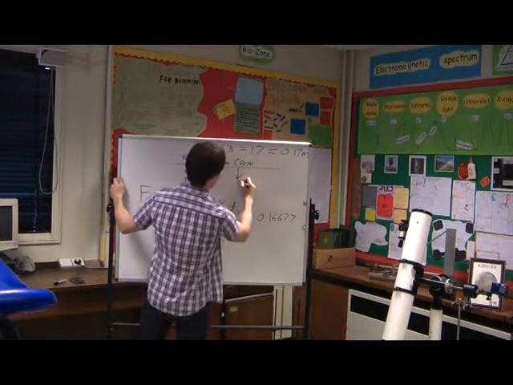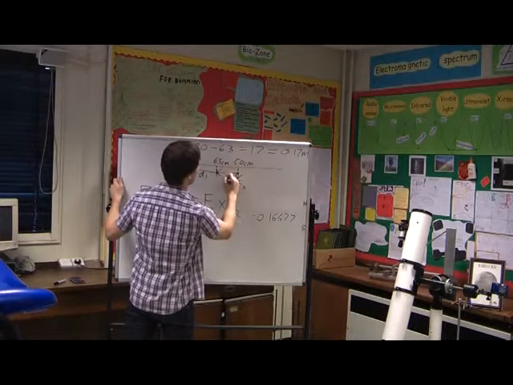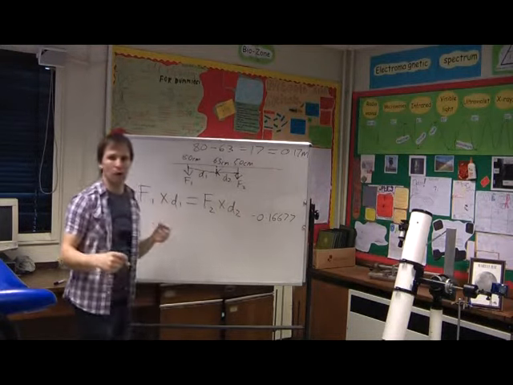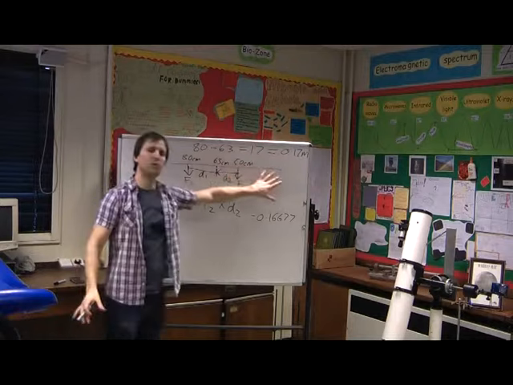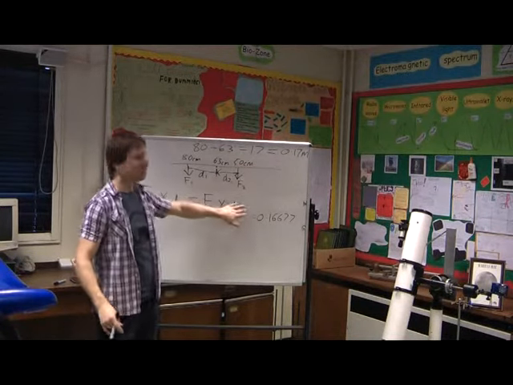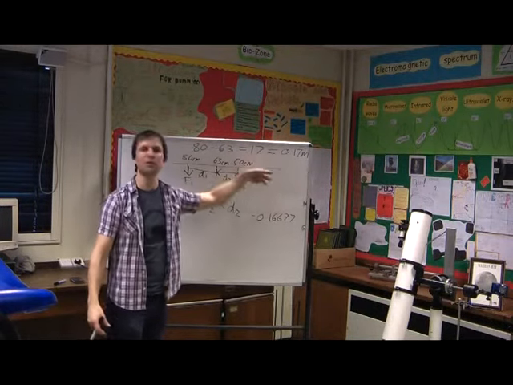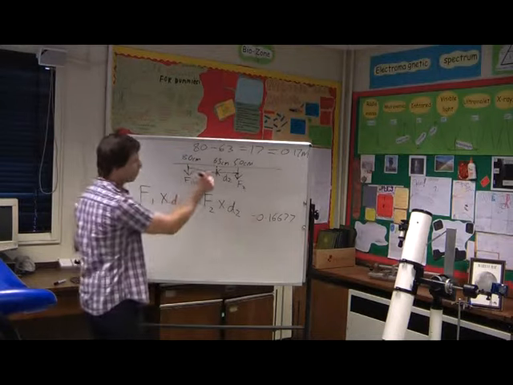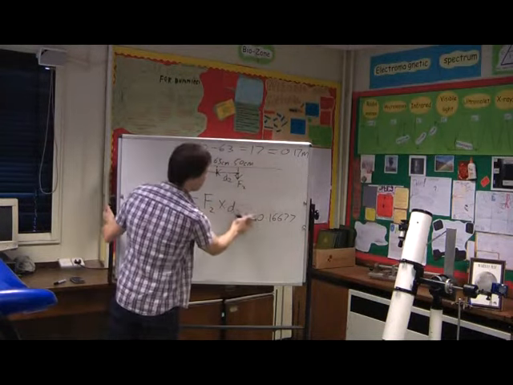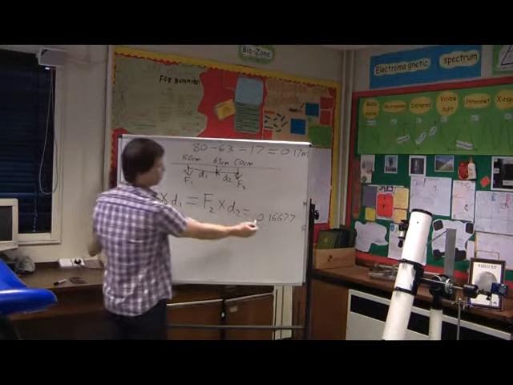This obviously is going to be F2, and this here is going to be D2. If I have any number of forces on this side, I can just extend that: F2 times D2, add F3 times D3, add F4 times D4. We're just focusing on this first of all.